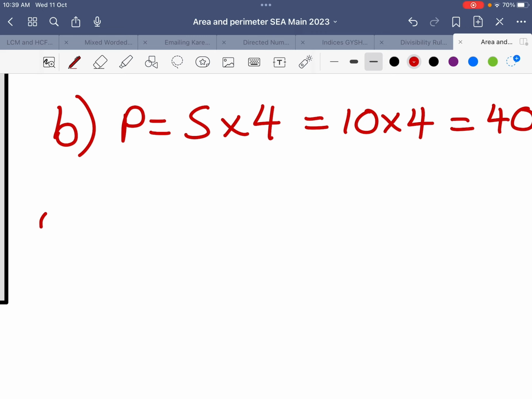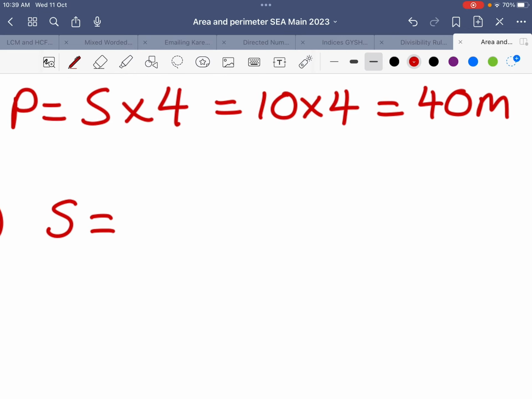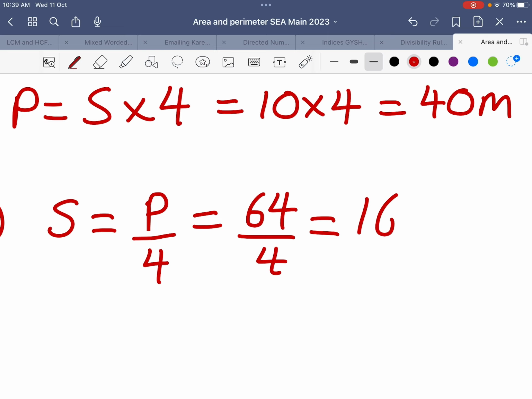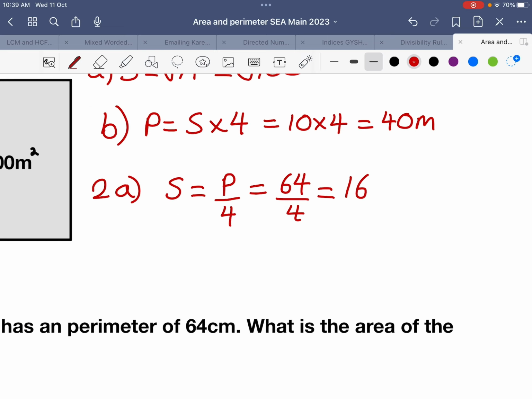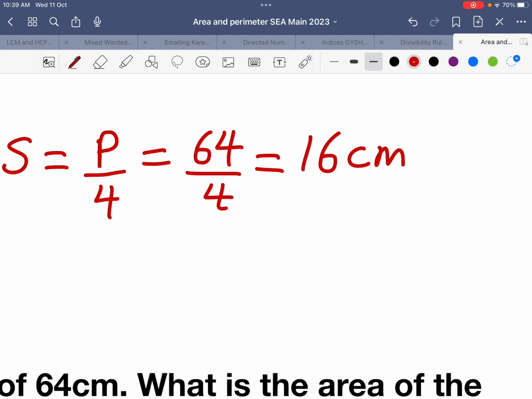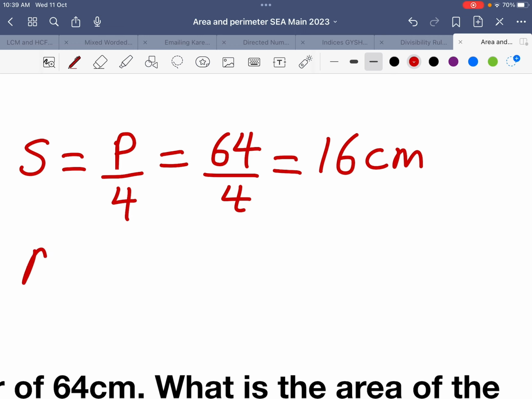So number 2, let's proceed by finding the side given the perimeter. So if we are given the perimeter, the length of the side is equal to perimeter divided by 4, which in this case is 64 divided by 4, which is 16 centimeters. How do we find the area given the side? Well, that's simple.